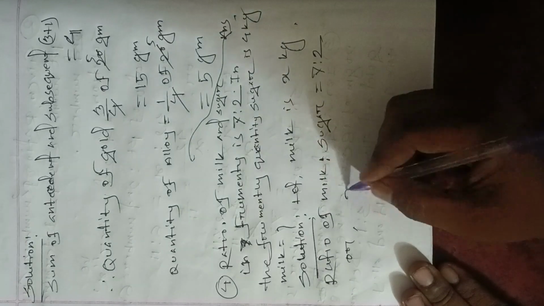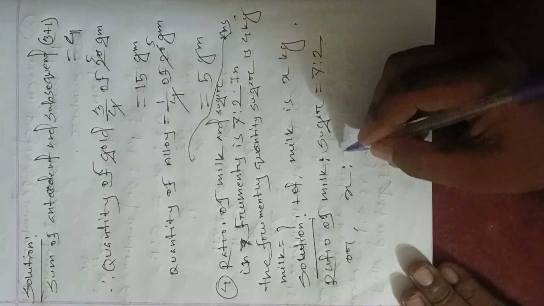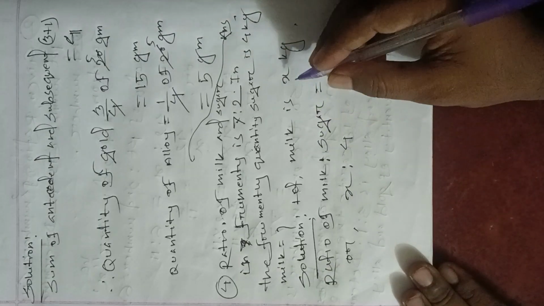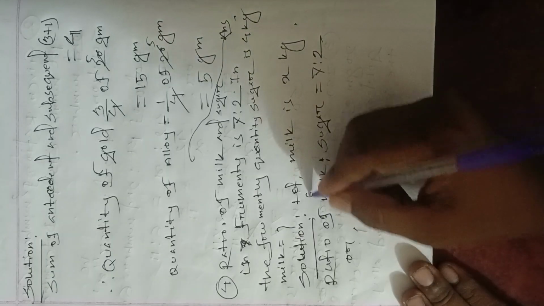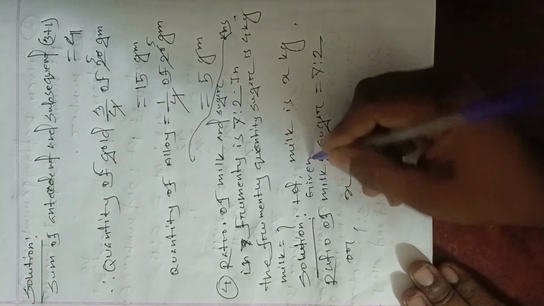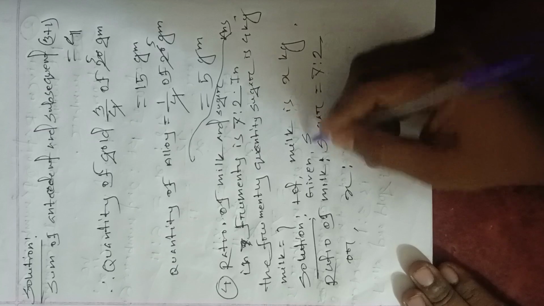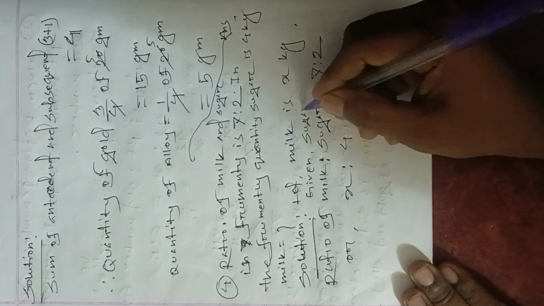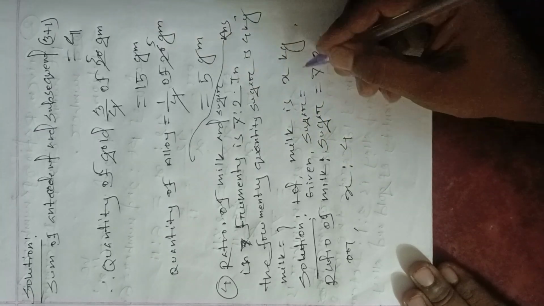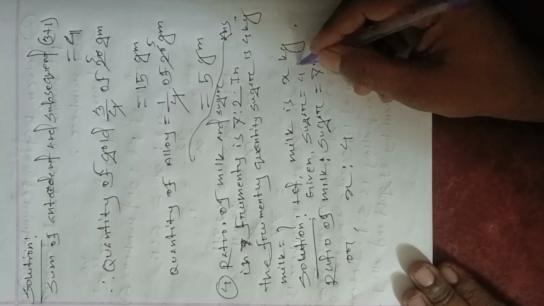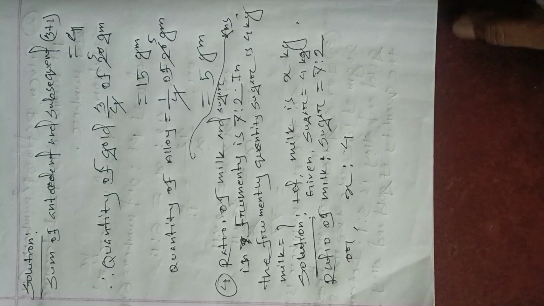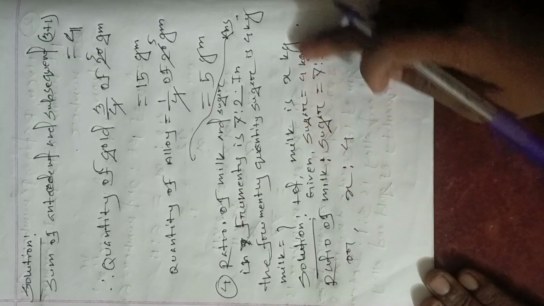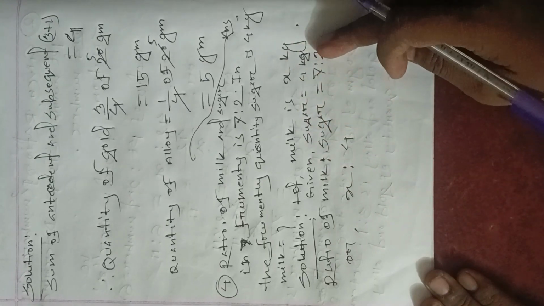So now we can write x is to 4. Here the given sugar is 4 kg. You can write given sugar equals 4 kg. So let milk be x kg and given sugar be 4 kg.